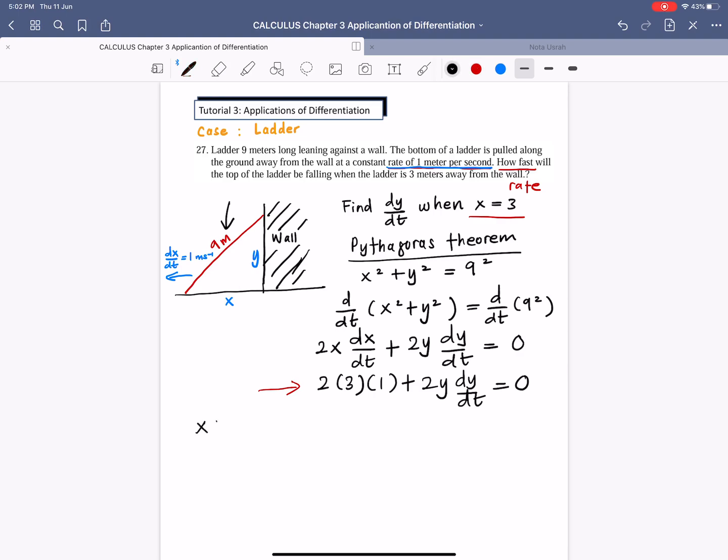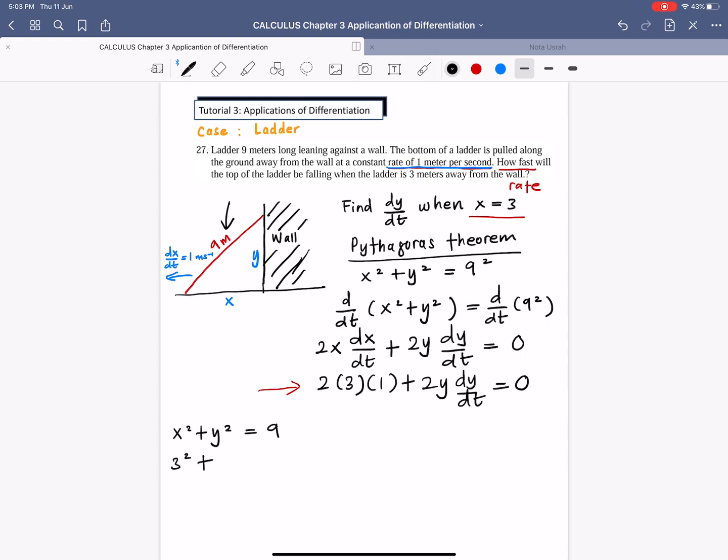Okay, you have x squared plus y squared equals 9. We know that we want to find dy/dt when x equals 3. Therefore, we will substitute x equals 3.